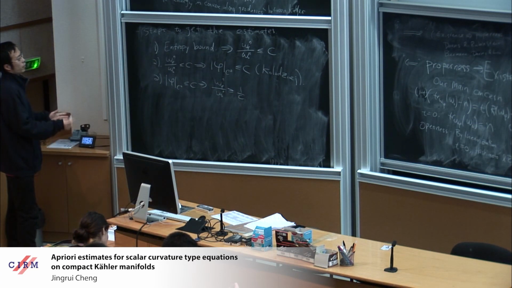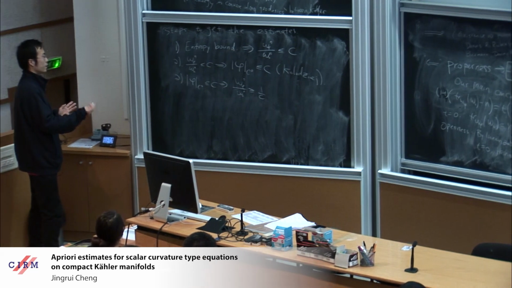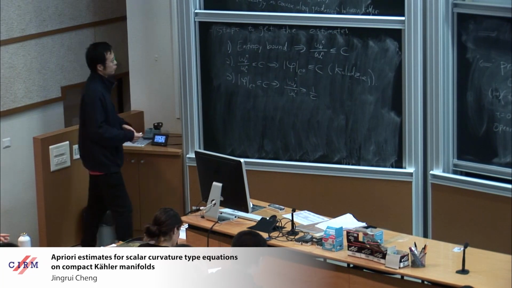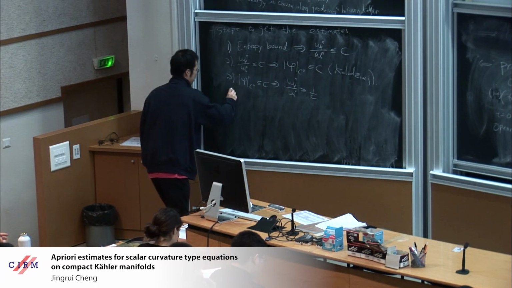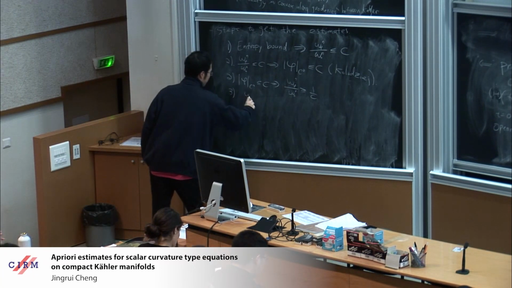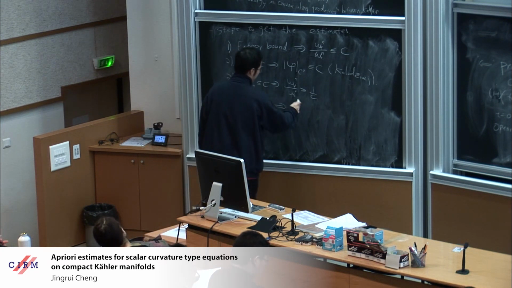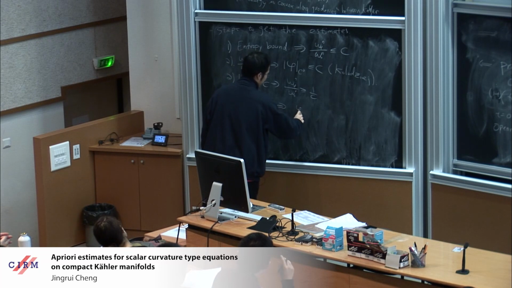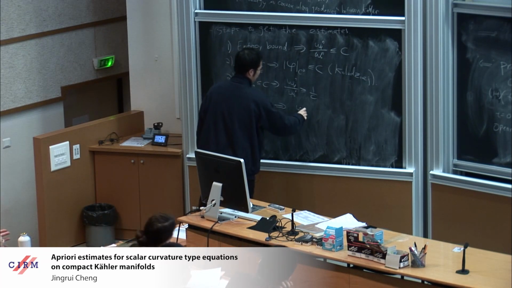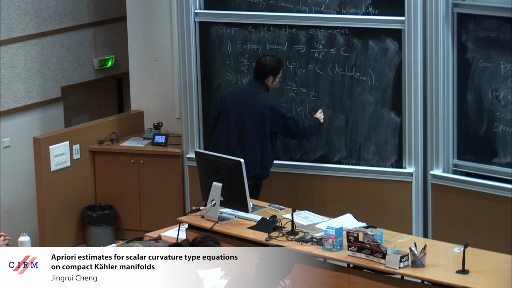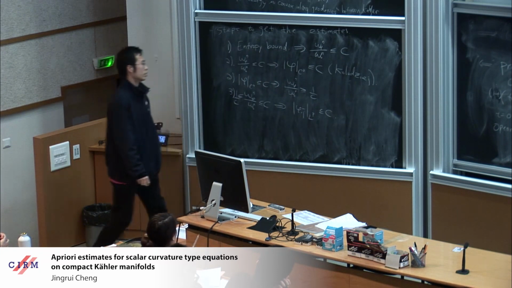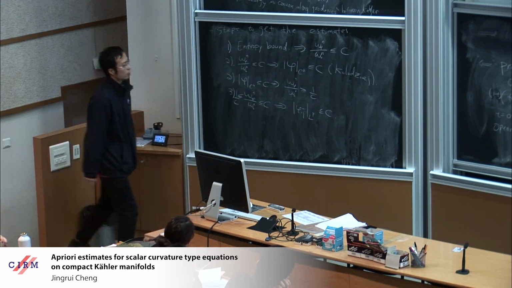Okay, so once you have the volume ratio bounded from above and below, then you get the second derivative in L^p. So apply that: the complex Hessian phi_{i j bar} has an L^p bound for any finite p.